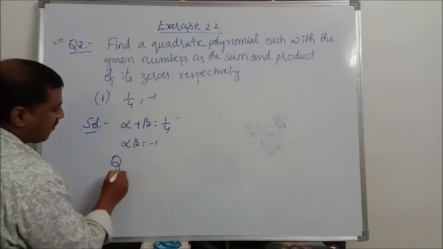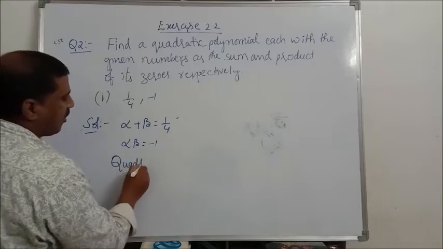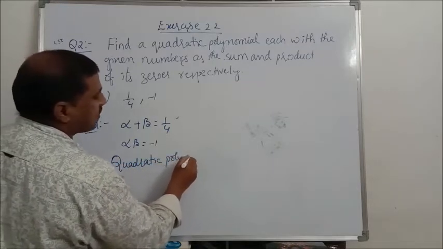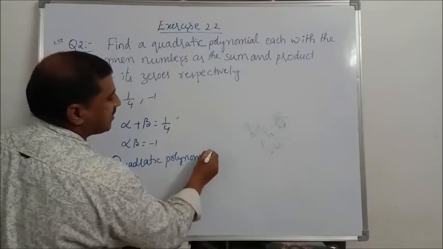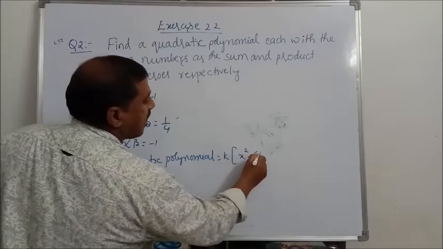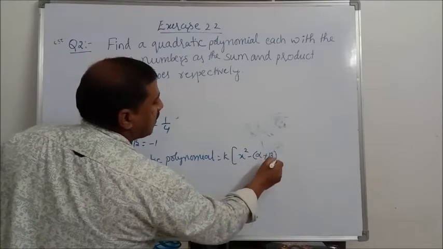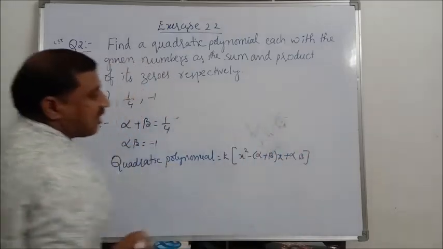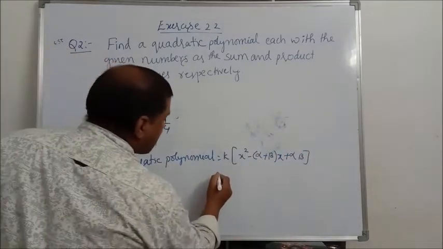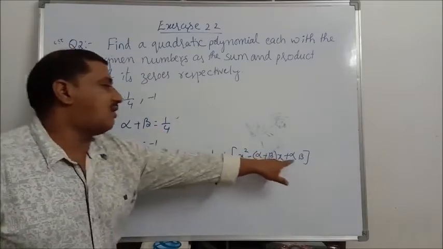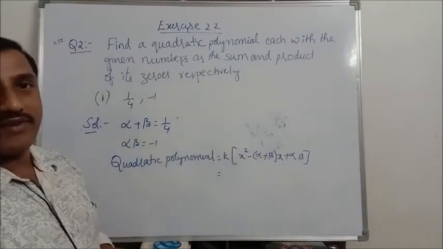So the required quadratic polynomial is equal to k into x square minus (alpha plus beta) into x plus alpha into beta. Now substitute alpha plus beta as 1 by 4 and alpha into beta as minus 1. Then simplify.